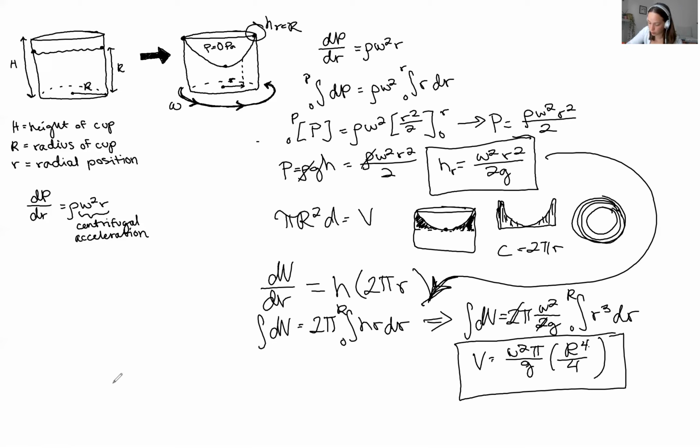So we'll take what we started with, and then we have a lot of cancellations here. And we get that the dip is equal to the angular frequency squared times the total radius squared over 4 times gravity.